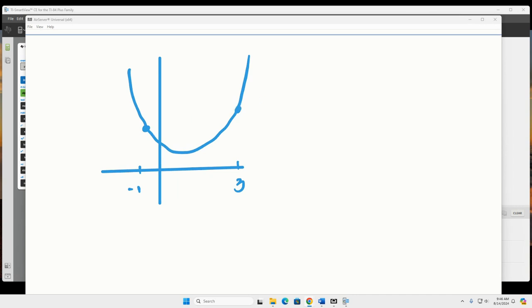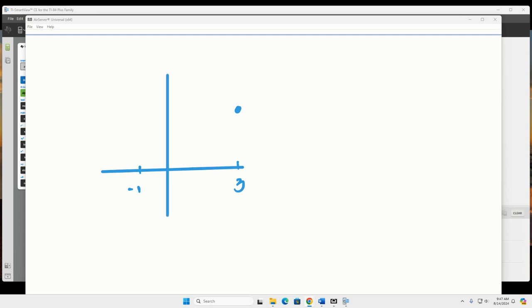Let me start over. Okay, we'll start over. What you're asked to find is the slope of this line. There we go. We'll pretend it's going through 1, 1. That's the secant line.